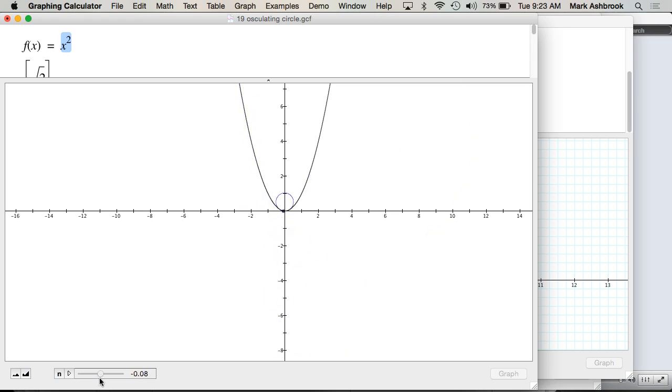So whatever the radius is, the curvature is 1 over that value. So what does it look like here? Let's get exactly n equals 0.